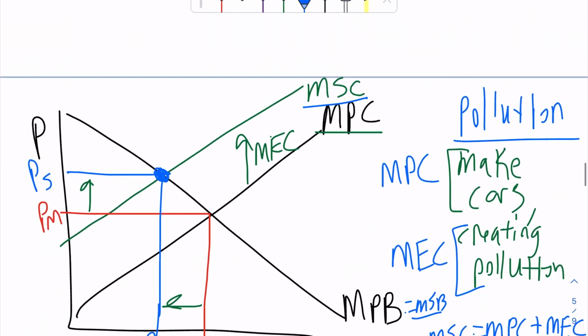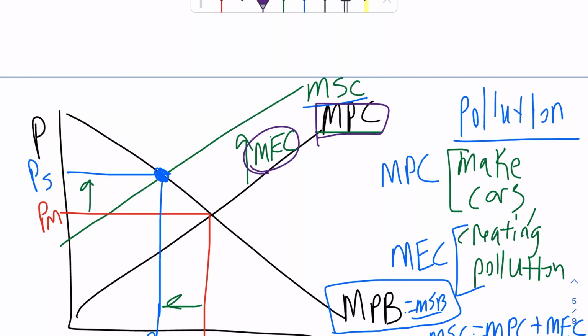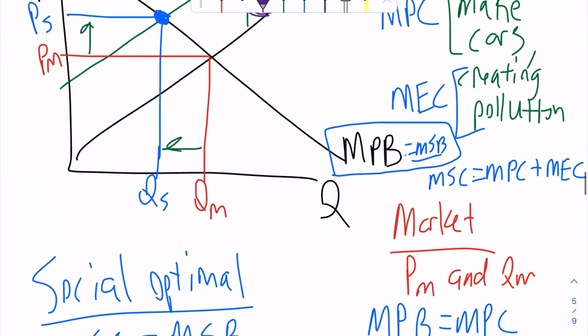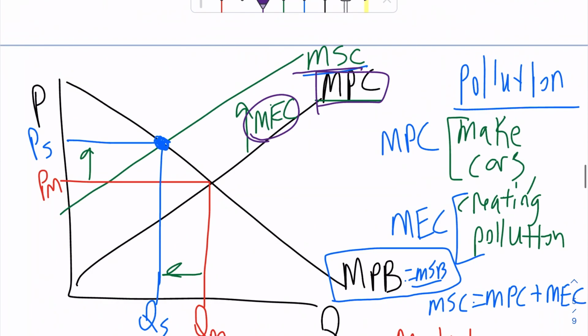You will have your marginal private benefits equal to your marginal social benefits. You will have a marginal private cost plus your external cost, which gives you the marginal social cost. You will now be doing the social optimal, which is MSC equals MSB, and that would happen at the blue dot. At the blue dot, that's your new price and quantity.